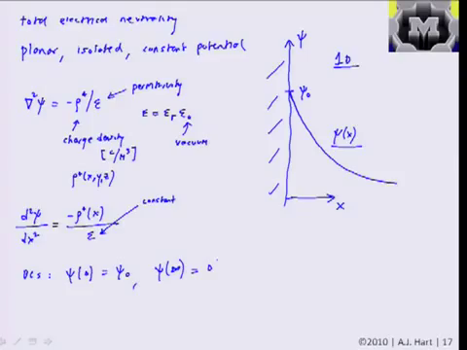So now we want to relate this function to the surface potential and the concentration of the ions in solution. And we can say that the ions in solution obey what's called the Boltzmann distribution. And this tells us the probability of finding an ion at a potential psi.